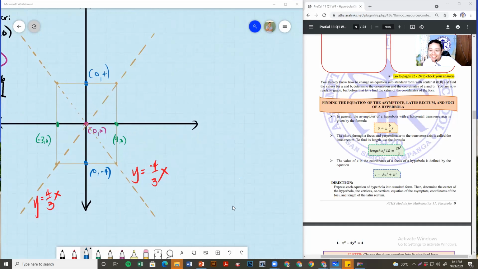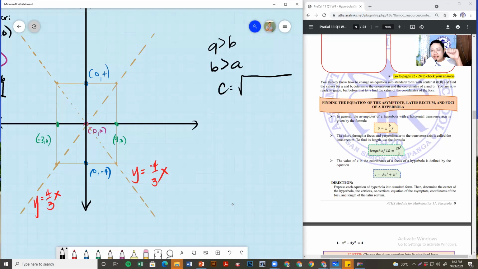Okay, let's continue. If you will go back to our ellipse, sorry, I always go back to the ellipse because this is always the foundation of the hyperbola. In the ellipse, we have a greater than b and b greater than a. Right? That's in identifying your c. And the formula for c is what? If, for example, a is greater than b, always remember, the greater one always comes first. So that is a squared. A squared, is it plus or minus?